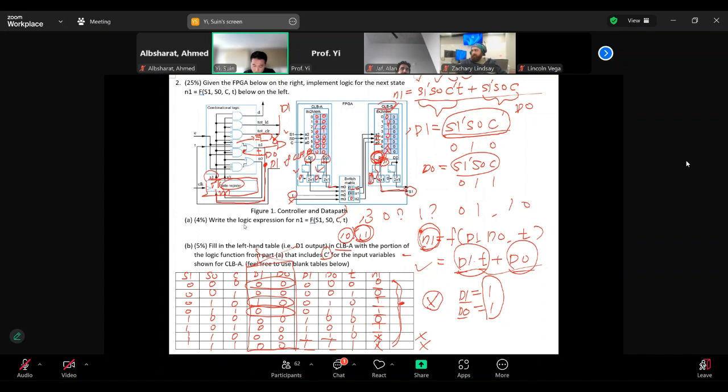M1. Yeah. So M1 is represented by 01, M2 is represented by 10, M3 is represented by 11. Because you have 01 at O0, A2 is equal to M1, and M1 is equal to D1.